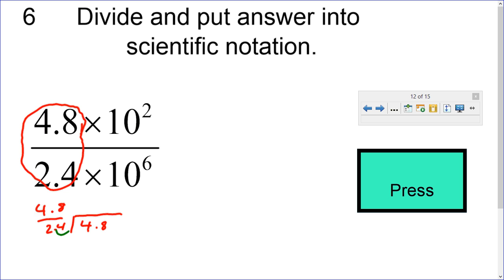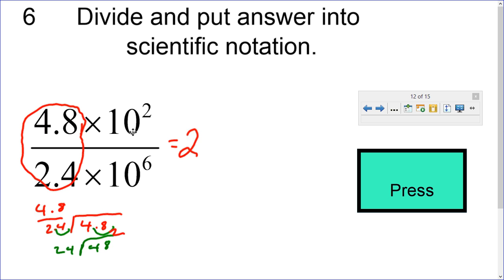So put that over there. That becomes 24. And if you move that over one space, that becomes 48. And so we have 24 divided into 48. And that will give us a 2. So the first part of our answer is 2.